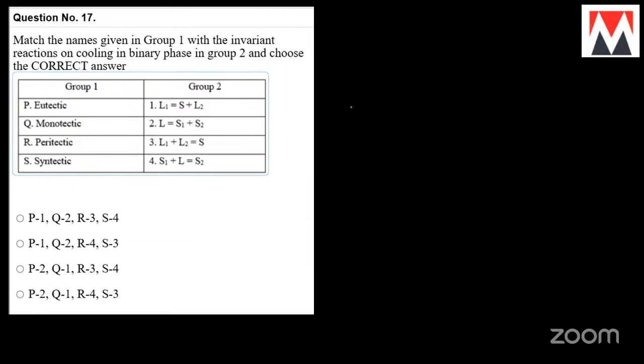So here you have eutectic. For eutectic, what is it? For eutectic, you have liquid giving you solid plus solid. For monotectic, what is monotectic? You have liquid giving you one liquid plus solid.